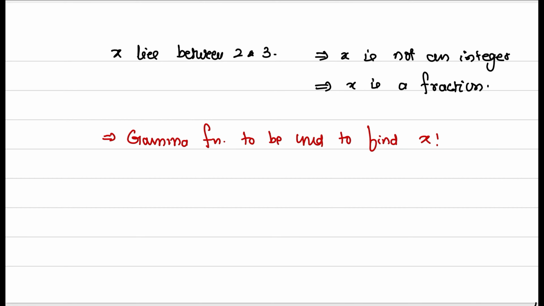We can find 1 plus x, that is left hand side, but for right hand side, factorial x, we require the gamma function. What is the gamma function? Gamma n is equal to the integral from 0 to infinity of e to the power of minus x into x to the power of n minus 1 dx. This is the gamma function.